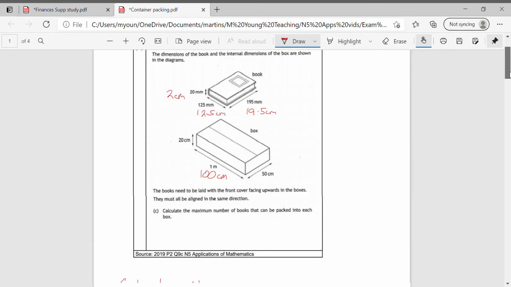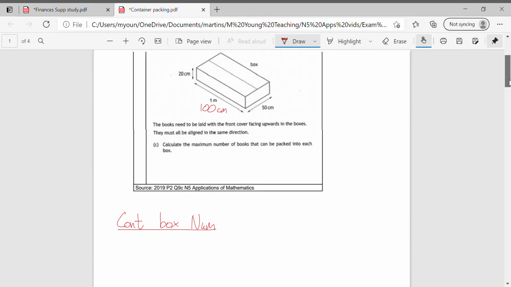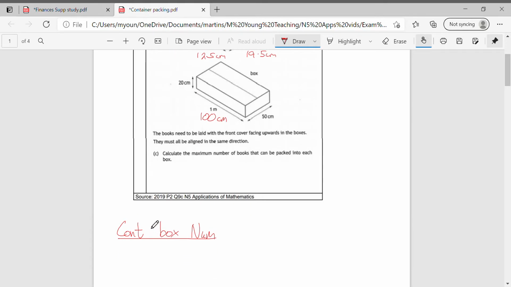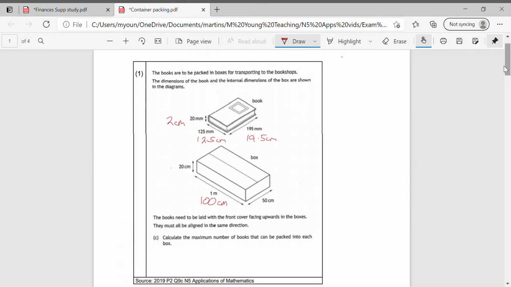So what I'm going to write down is the measurements for the container: 20 centimetres, 100 centimetres, and 50 centimetres. Now I'm going to write the corresponding values for the book. If we think about placing it this way, the 20 millimetres, or 2 centimetres, will correspond to the 20.